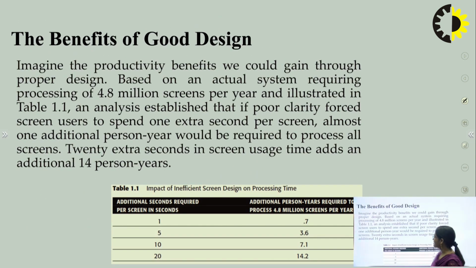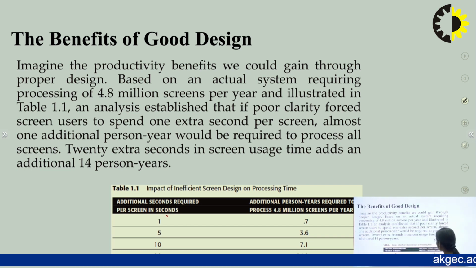Okay, so this is the benefit of good design. Here is the graph, or you could say the table, that is given. In this table, we have given the data. If there is additional time required per screen, then for one second the total additional time is 0.7 million screens per year.